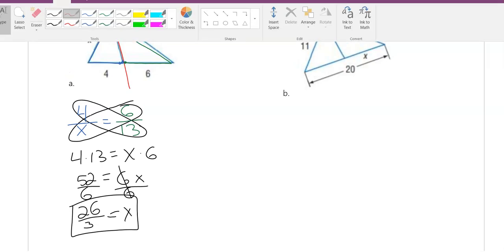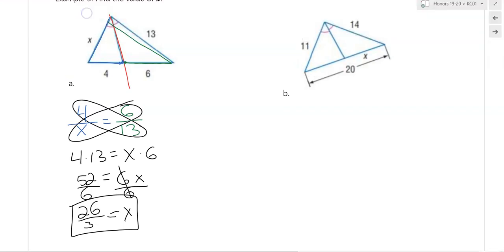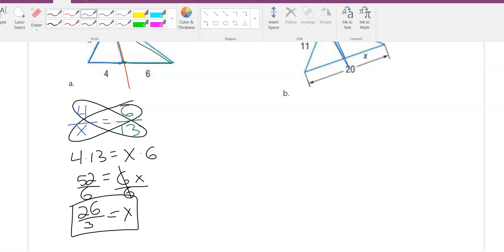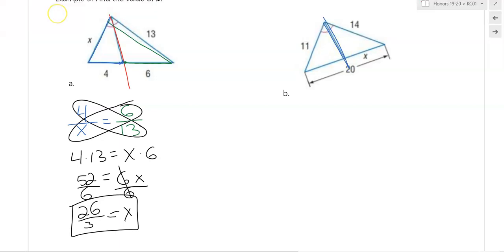Alright, part B, same type of thing. Here's my angle bisector. Now we have to be careful, because if I start here and go here to here, I don't know what this side is. I know the whole length is 20, and I know I already have x here, so I want to know what's left on the other side.